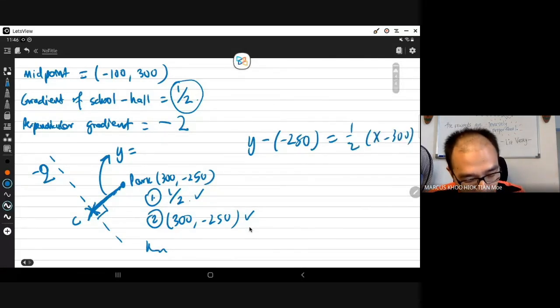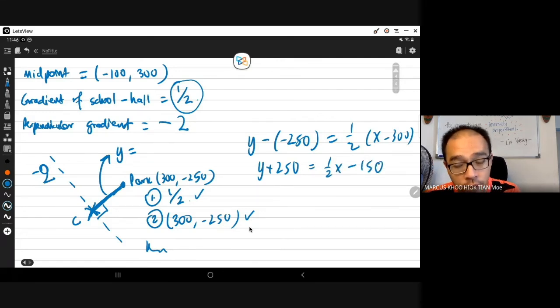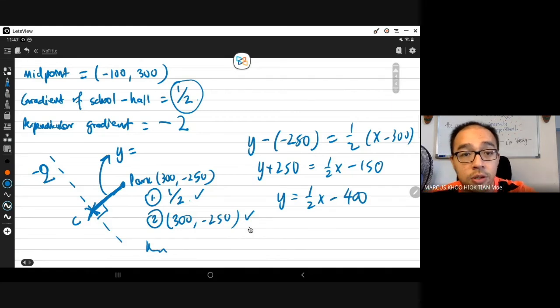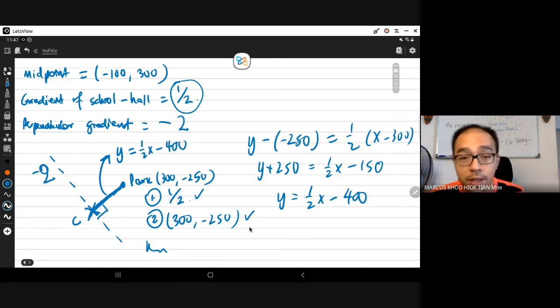So the equation for this straight line now: y plus 250 equals half x minus 150. So you move across, you get y equals half x minus 400. It should be minus 400. So this is y equals half x minus 400.